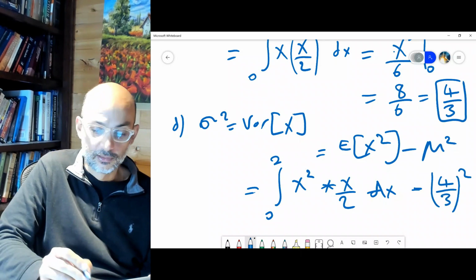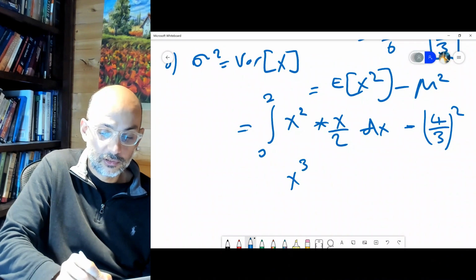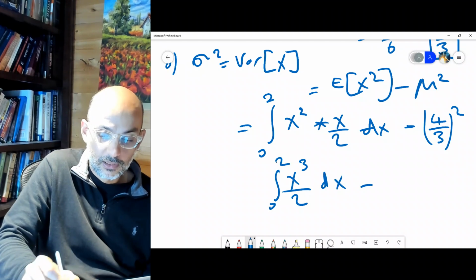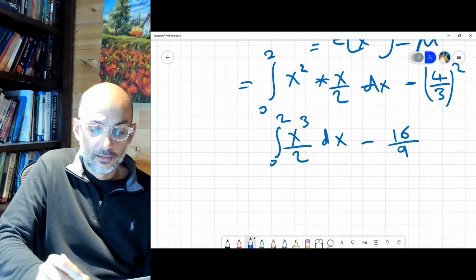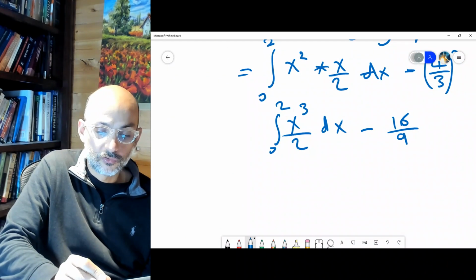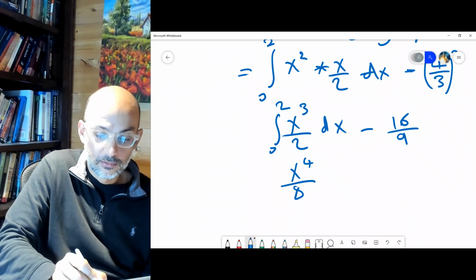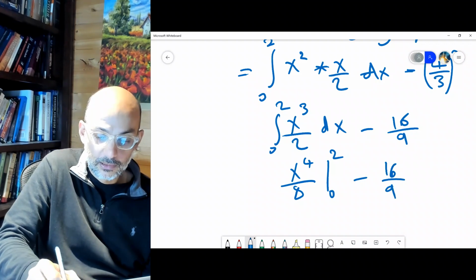We already found it. So it will be x cubed over 2 from 0 to 2 dx minus 16 over 9, right? If you do this one, it will be x to the fourth divided by 4 times 2, 8, from 0 to 2 minus 16 over 9.